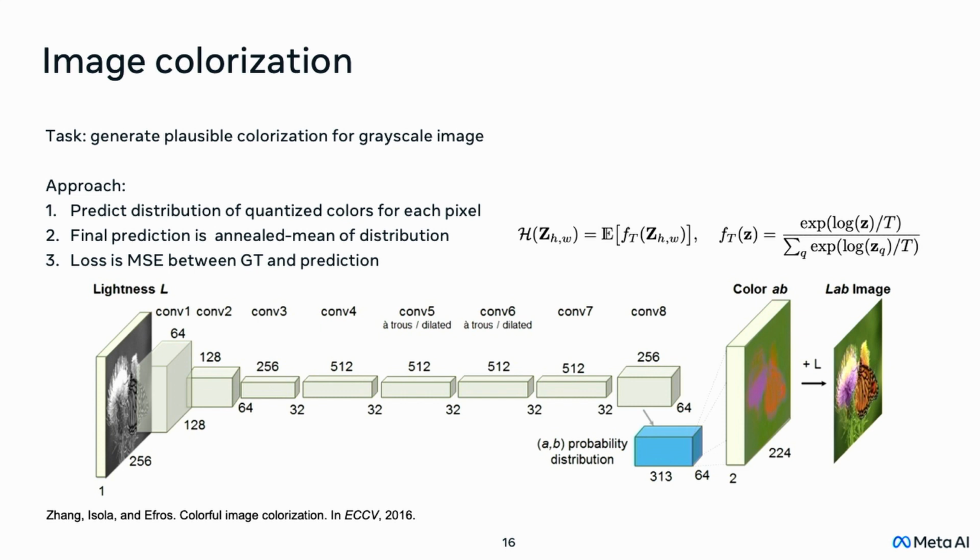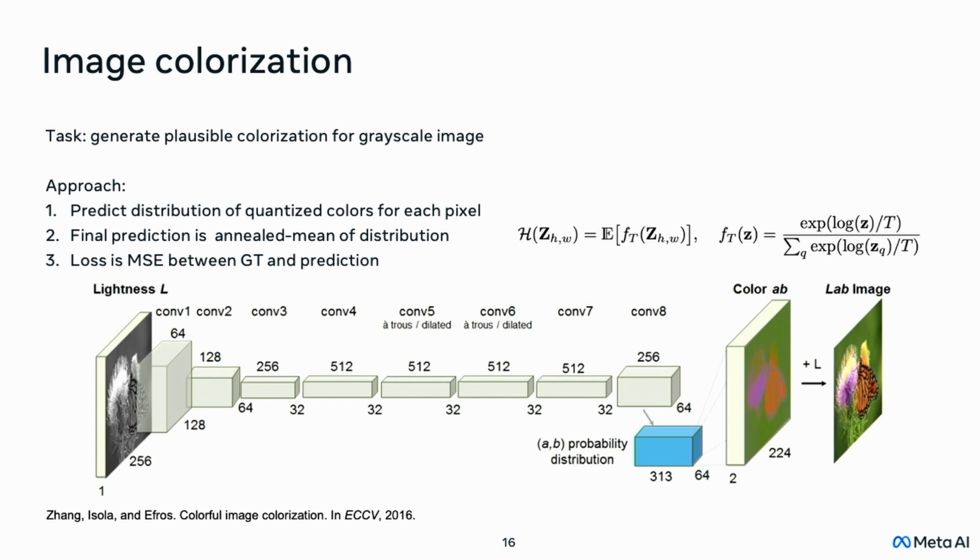And what this means in practice is that you're going to have 313 potential colors in this case, because of the specific quantization of the color space, that the pixel can take. And then you're simply going to learn to predict a probability over those colors, right? So basically, you're going to get a 313-dimensional probability distribution.